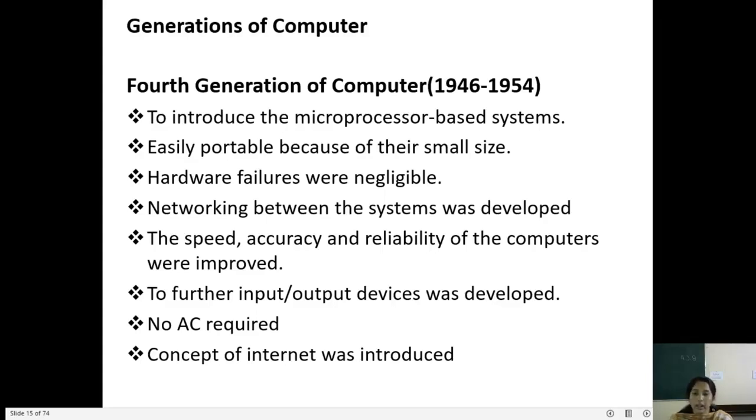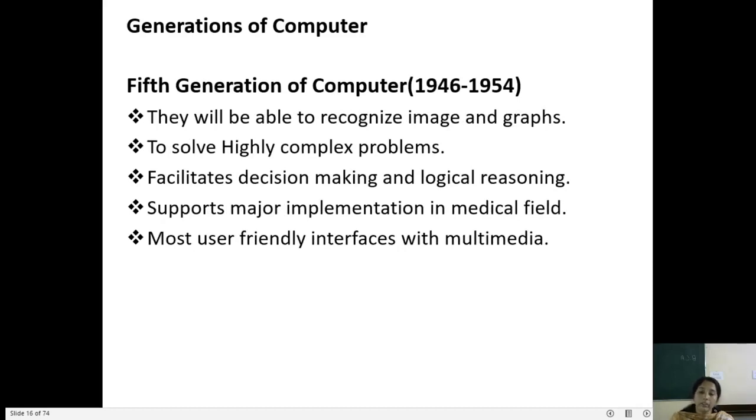And when you come to the fifth generation, 1946 and 1954 is the era where you can recognize images, graphs, you can easily solve very tough problems. Facilities like decision making, logical reasoning. You can easily decide, you can take the decision. It means the AI concept has been introduced.